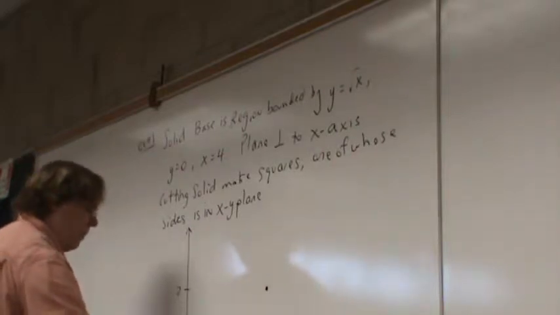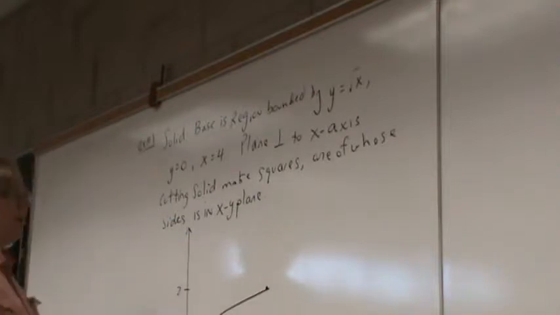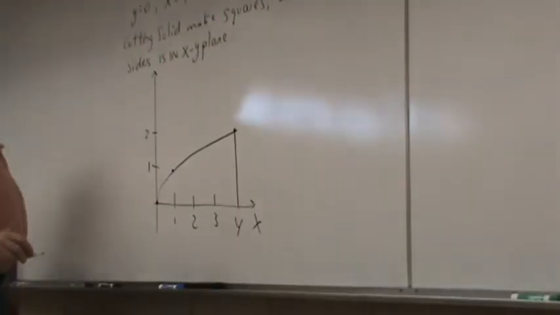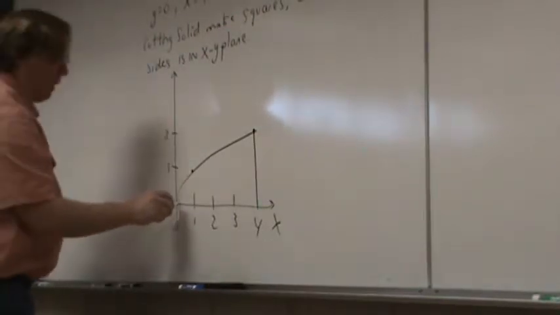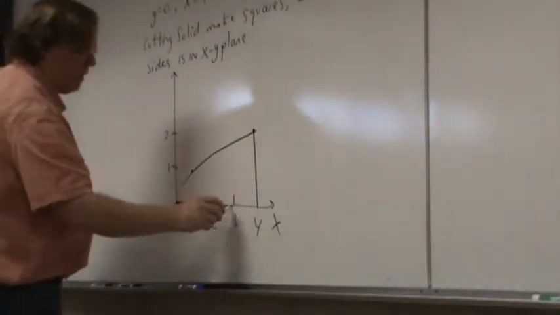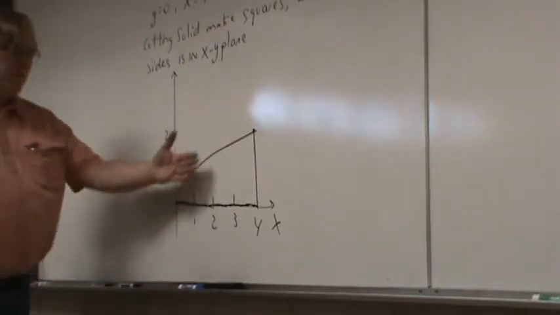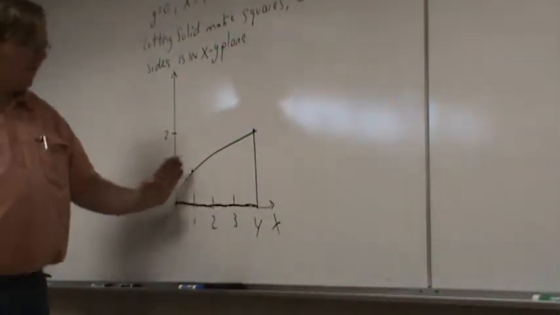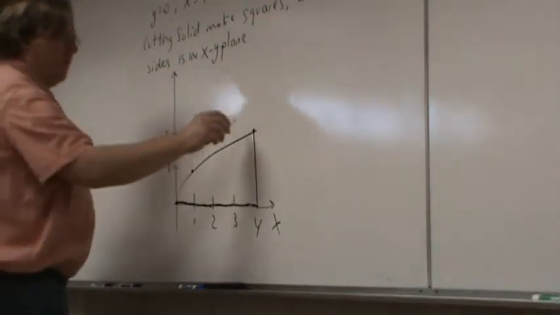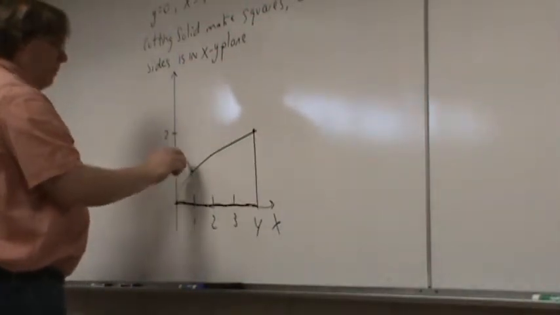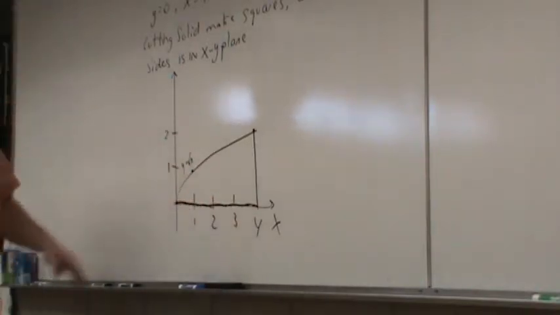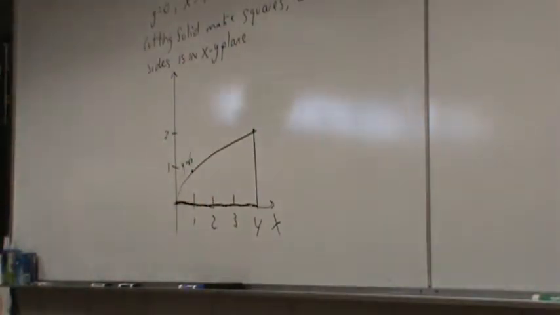Here's y equals rad x, here's x equals 4, and here's y equals 0. Are you okay that the region bounded by y equals rad x, x equals 4 and y equals 0 is the base of my solid?